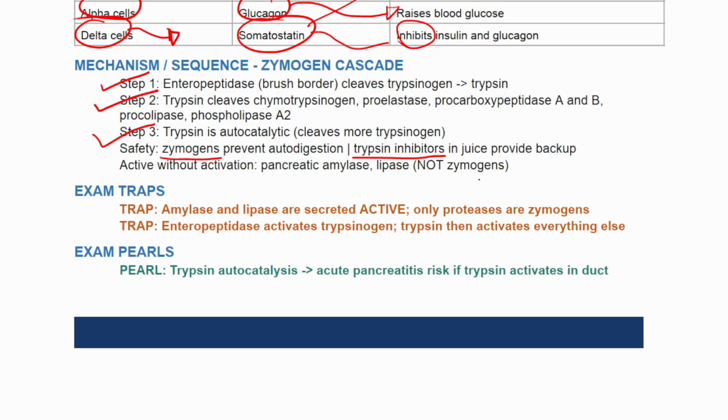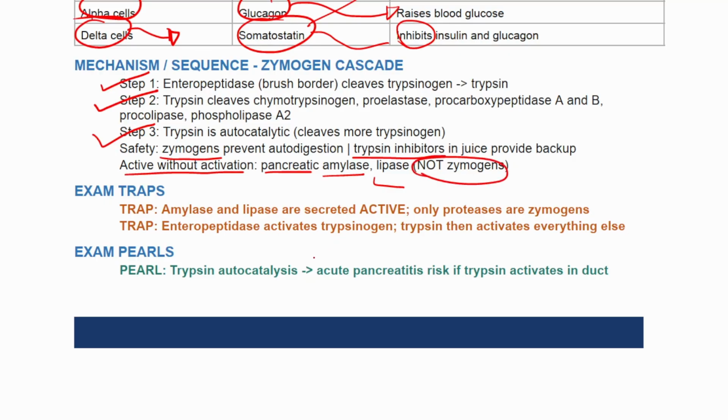While proteases require safe inactive packaging, other vital enzymes are secreted fully functional. Pancreatic amylase and pancreatic lipase are explicitly categorized as active without activation, meaning they are not zymogens upon luminal release.